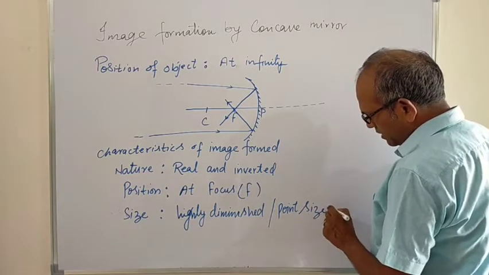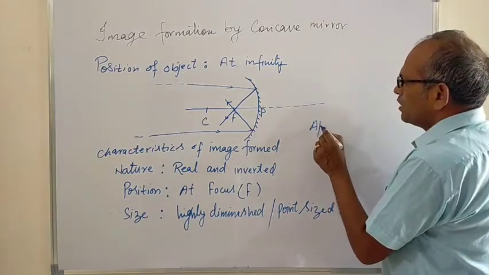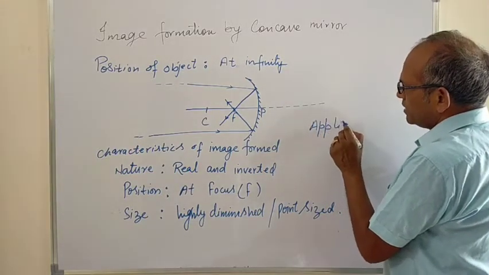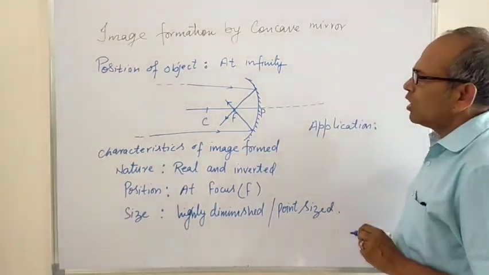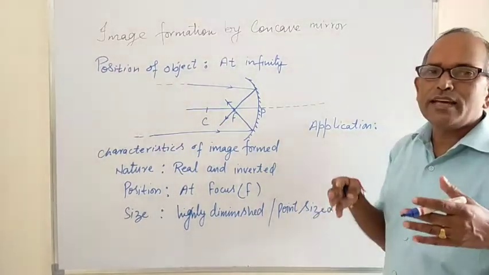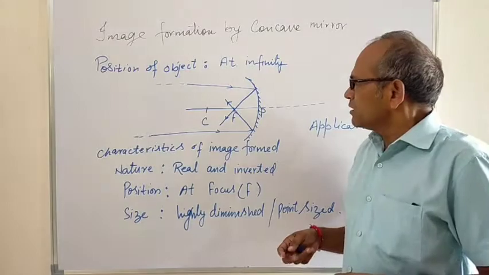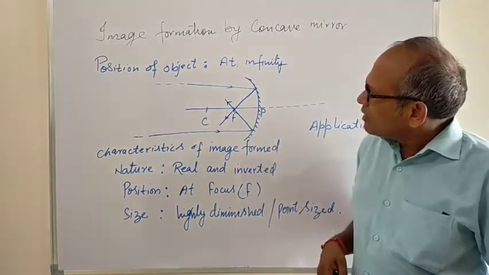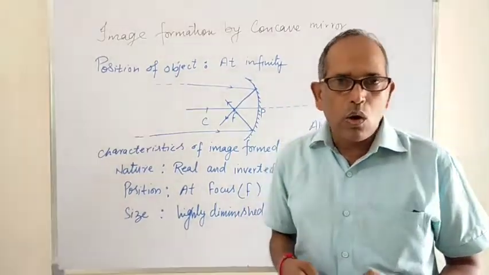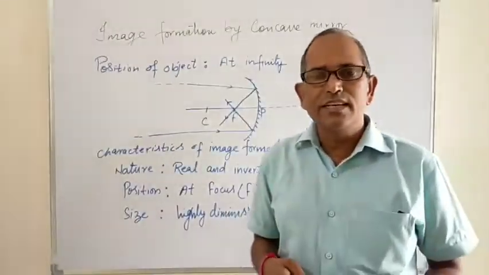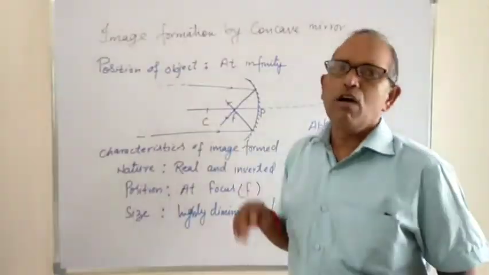So where do we apply this? You can apply it to calculate the focal length or to converge rays of light at one point, like in solar cookers or in solar concentrated power (CSP) projects, or to measure the focal length.